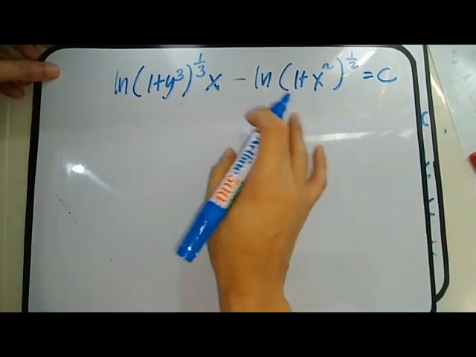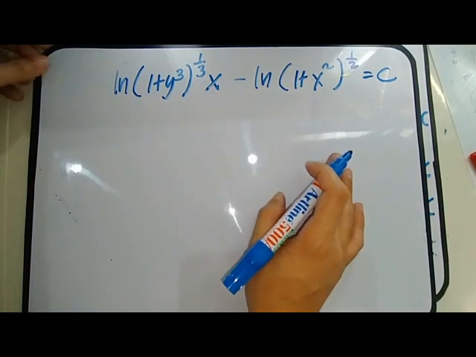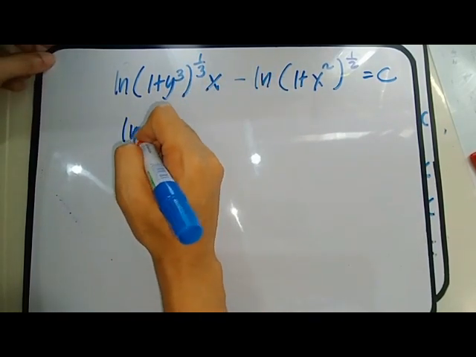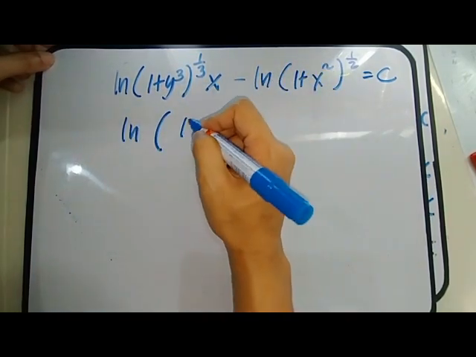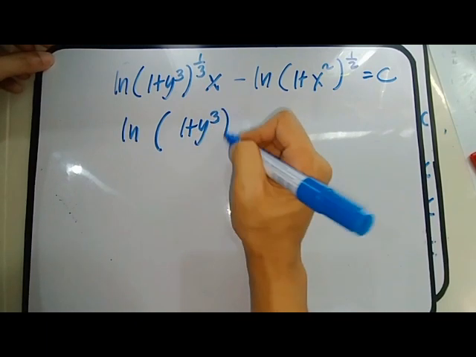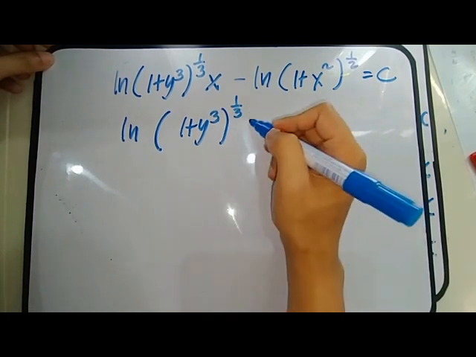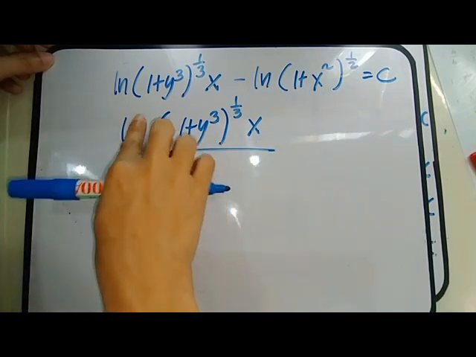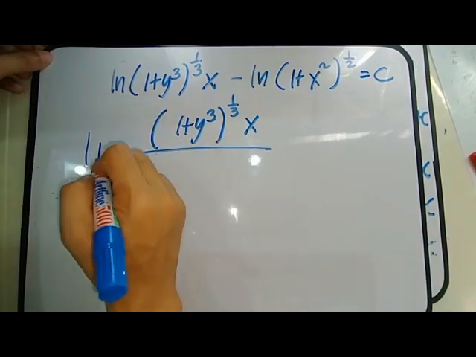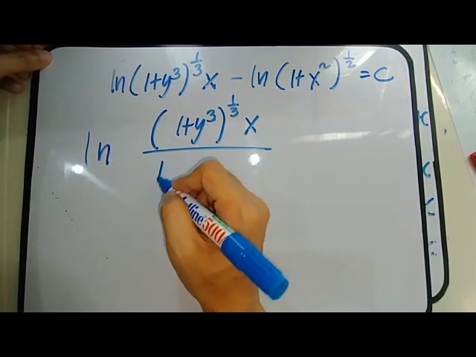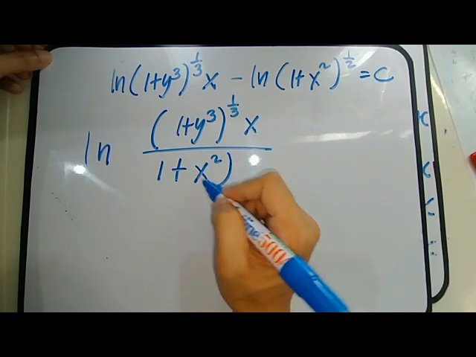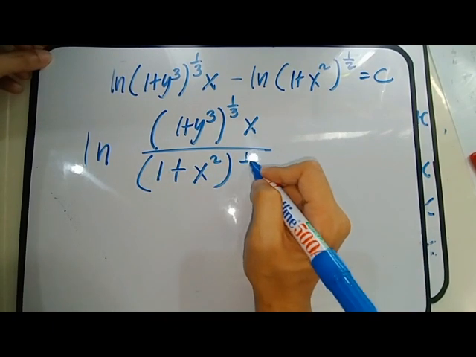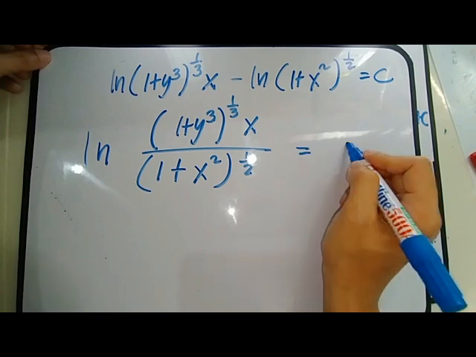So ito guys, quotient rule, pag naka-minus, i-divide sa loob. So ln, this will become 1 plus y cubed raised to 1/3 times x all over 1 plus x squared raised to 1 half equals c.